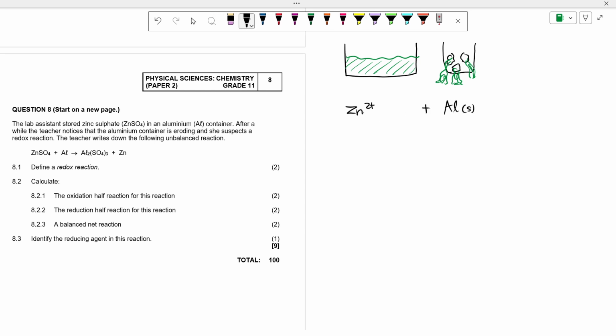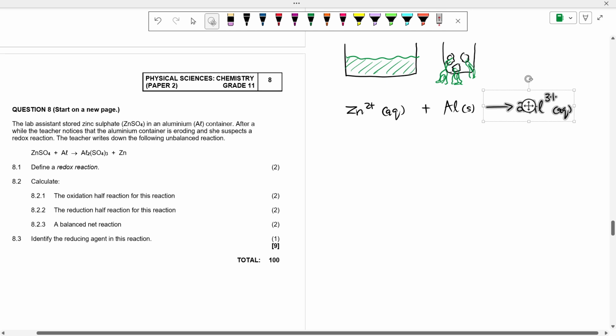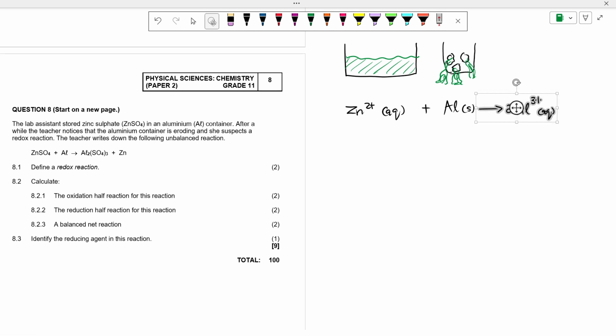So Zn2+ aqueous, and then this gives us aluminum, and there's two of them, Al3+ aqueous, and zinc solid. So maybe I need to move this a little bit to that side, just to make space.